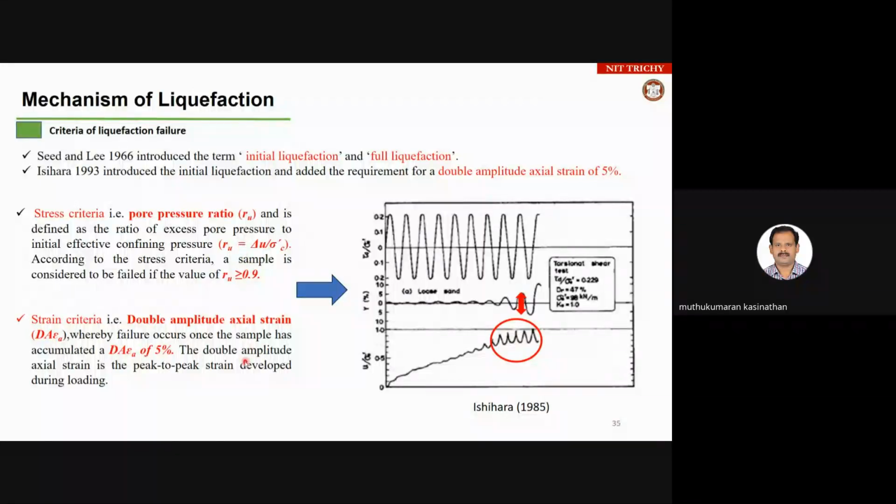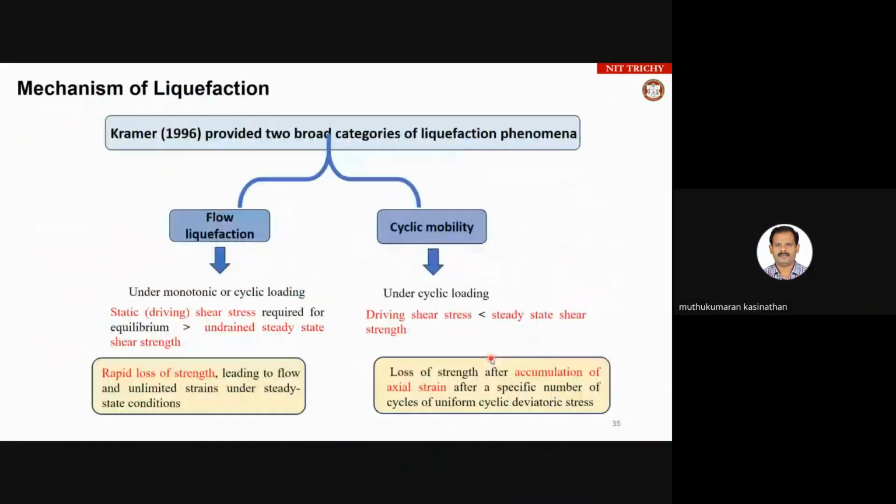So these are the two guidelines based on stress and strain, by which we can quantify where we are getting the liquefaction risk in the soil. Schematically, when the double amplitude axial strain reaches 5%, or the pore water pressure ratio reaches more than 0.9, then you'll have a problem.